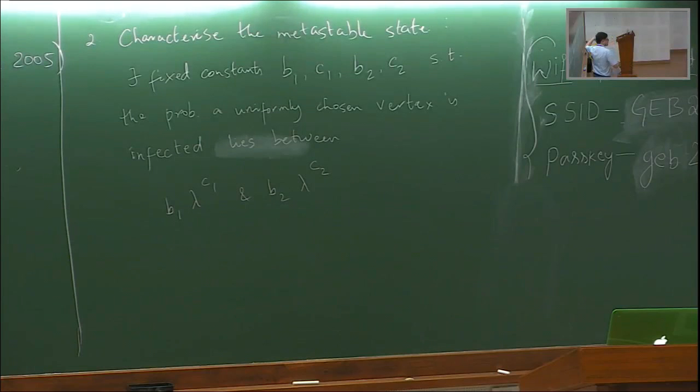In this sense, there's a kind of polynomial dependence on lambda about how likely you are to be infected.